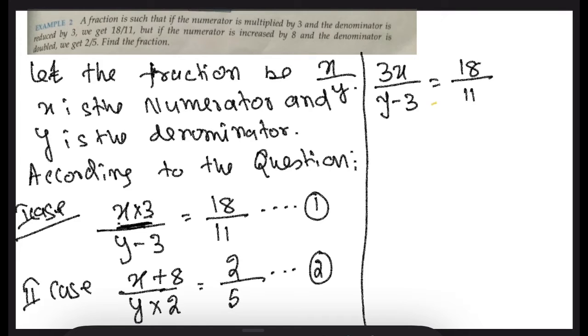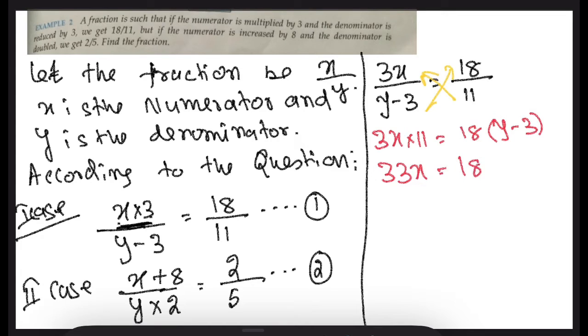Now let's do the cross multiplication. 3x into 11 is equal to 18 into y minus 3. Now 11 threes are 33x equals 18y, and here minus into minus... plus into minus is minus, 18 threes are 54.